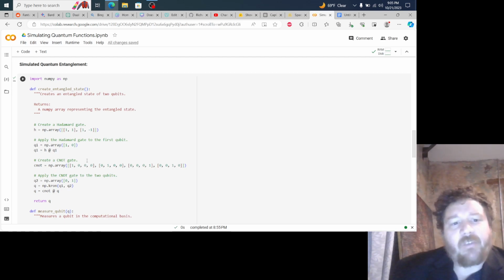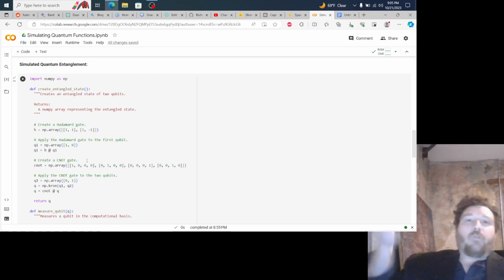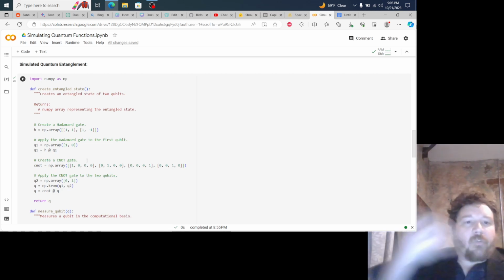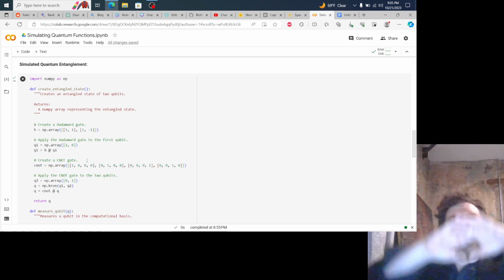Quantum entanglement is essentially a really straightforward process in which you have two entities, or two states, or two pieces of matter that are far away from each other, and by affecting one, you can impact the other state because they're essentially intertwined.